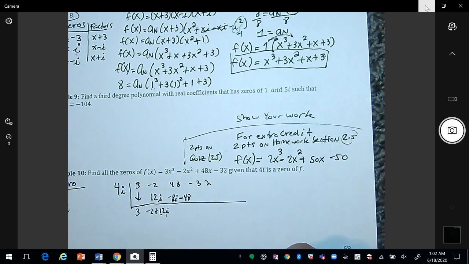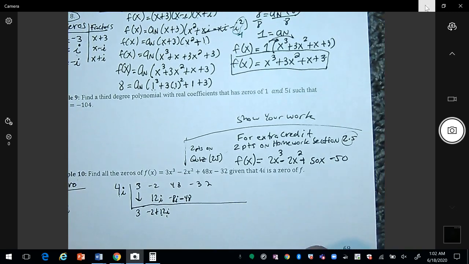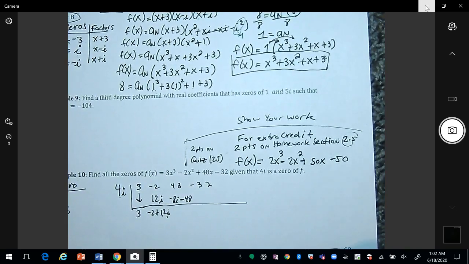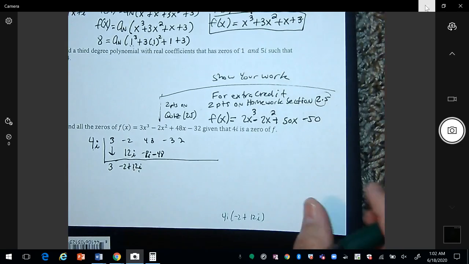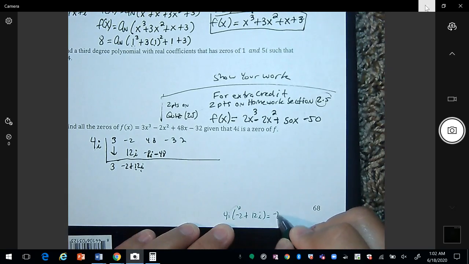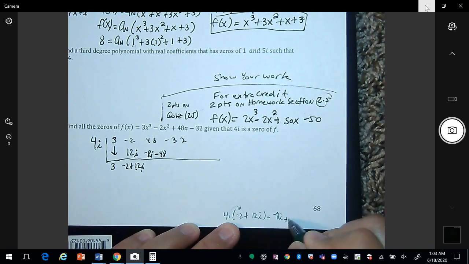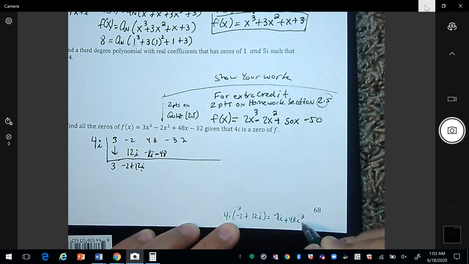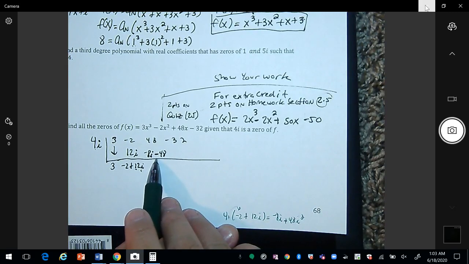So again, 4i times -2 plus 12i gives us -8i plus 48i squared. Replace i squared with a negative, and that's how we got this number over here.